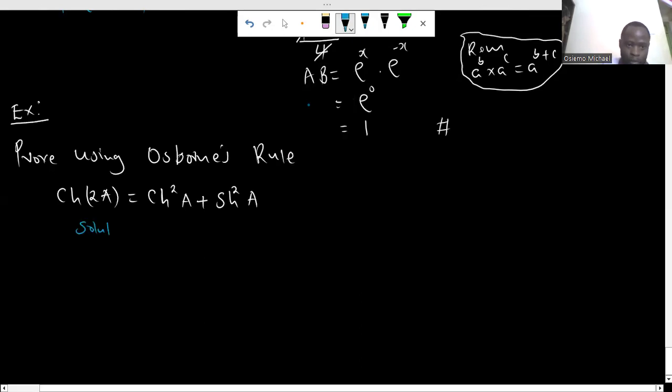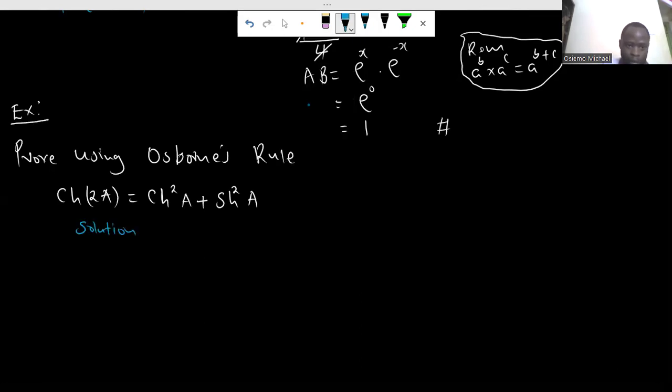Now, with Osborne's rule, you only need to know where this identity from trigonometry has been derived from. We can see from the left-hand side that it might have come from the double angle of a trigonometric function, that is cos.